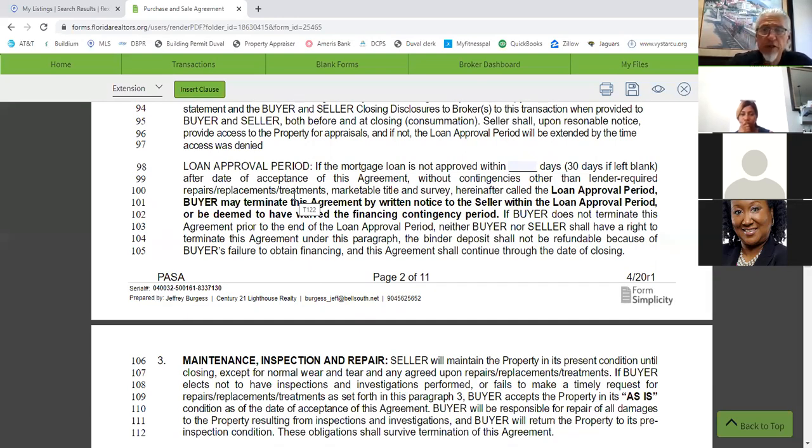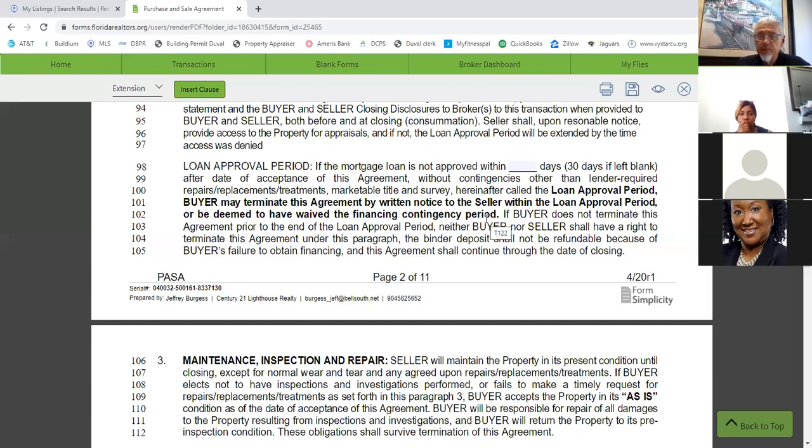So what this says is without contingencies other than lender required repairs, replacements, treatments, marketable title and survey, hereafter called loan approval period, buyer may terminate this agreement in writing to the seller within the loan approval period or be deemed to have waived the financial contingency.